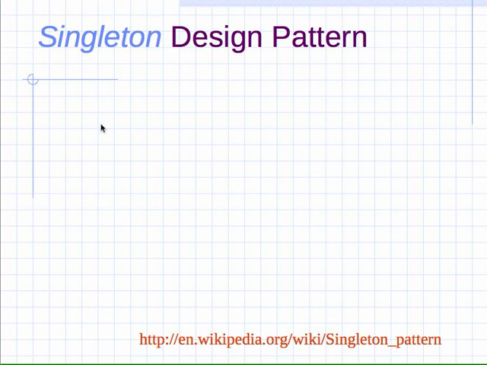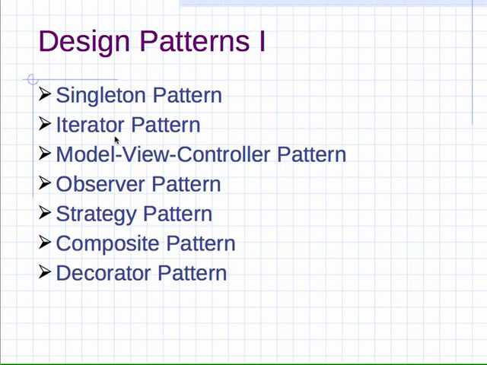So let's take a look at Singleton. The whole idea of Singleton is that you only want one instance of this class. You don't want more than one instance, exactly one, within the context of a running program.